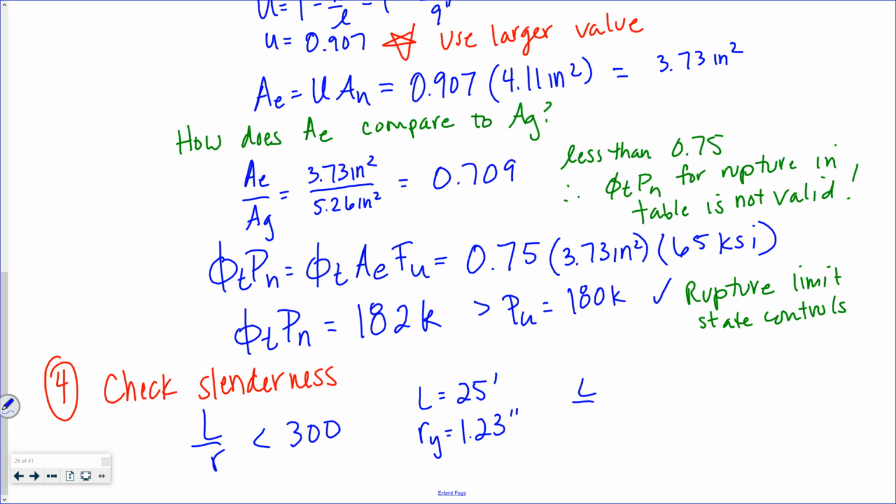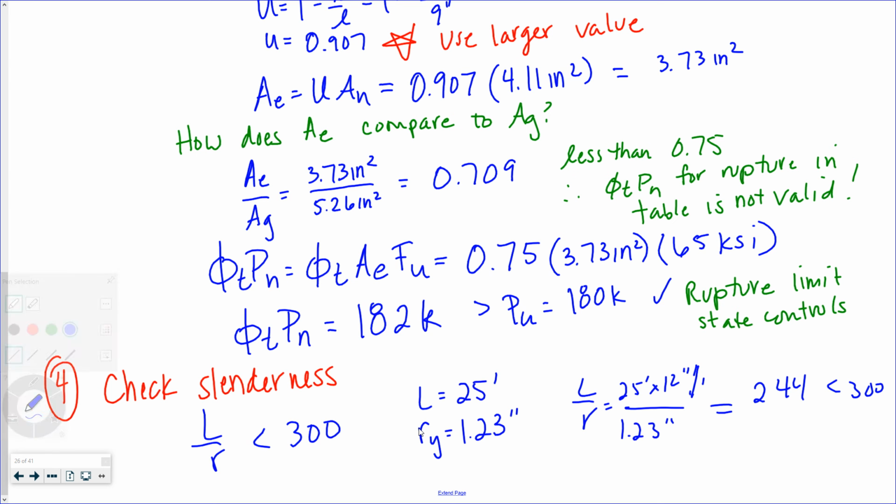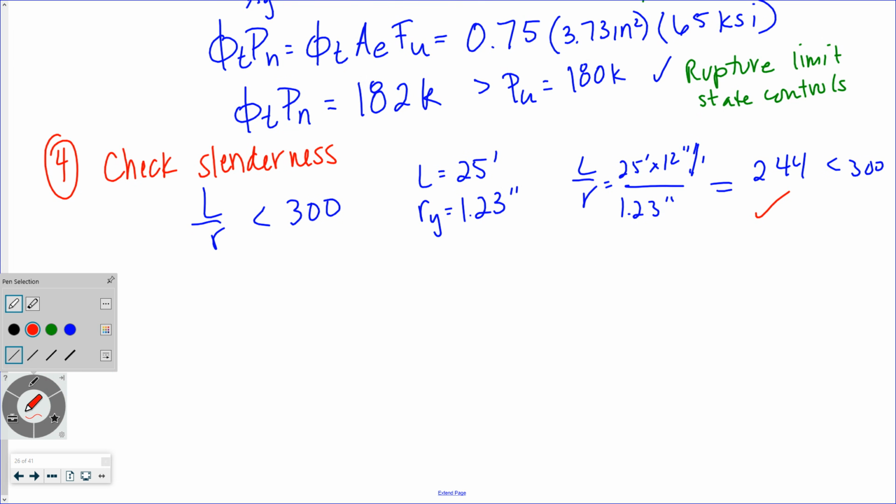So L over R is 25 feet times 12 inches per foot, divided by 1.23 inches, is 244, which is less than 300. So it's good there.